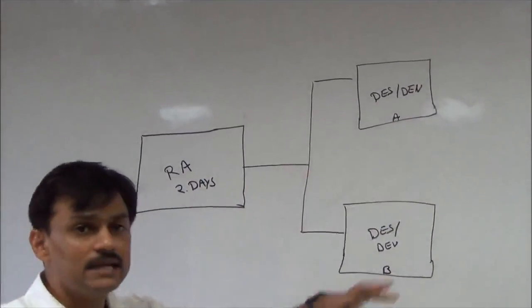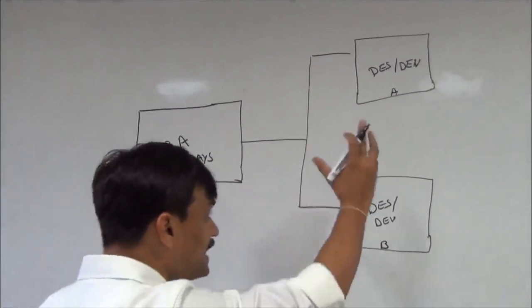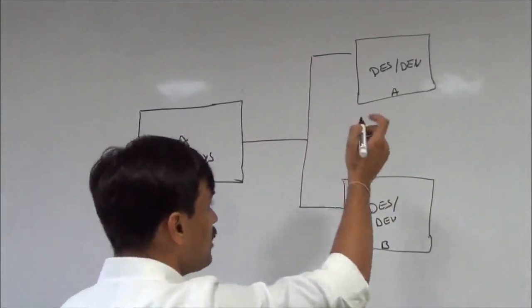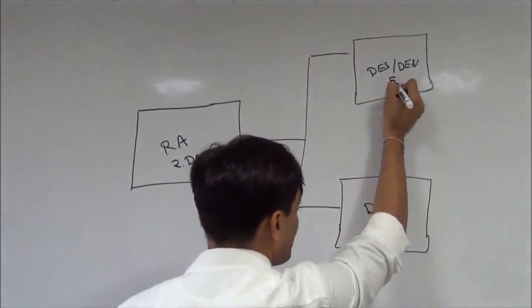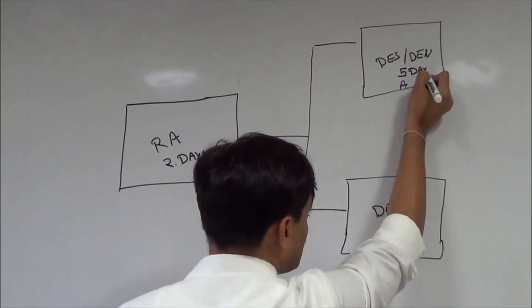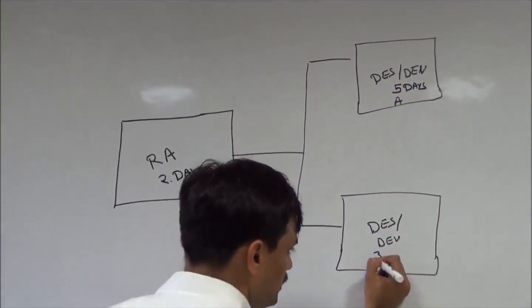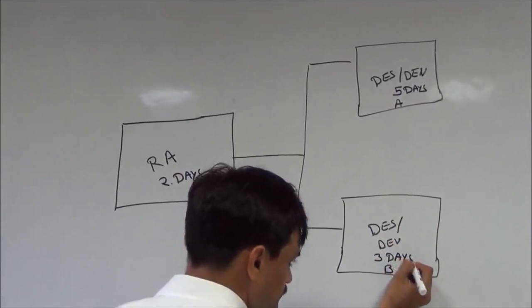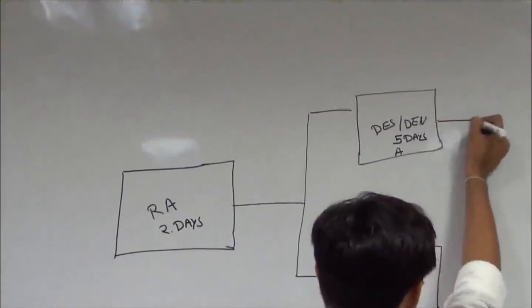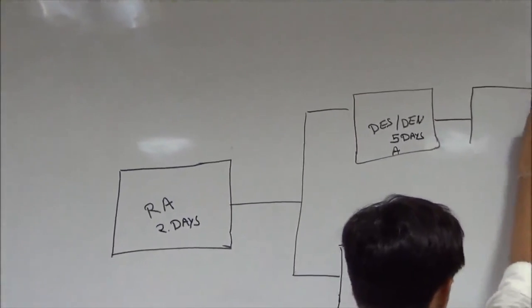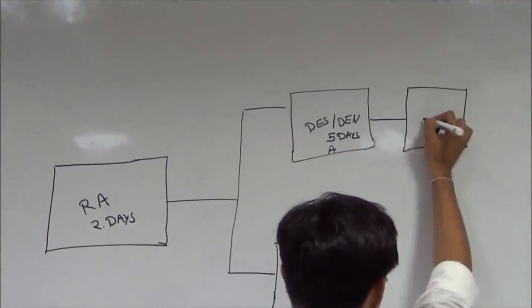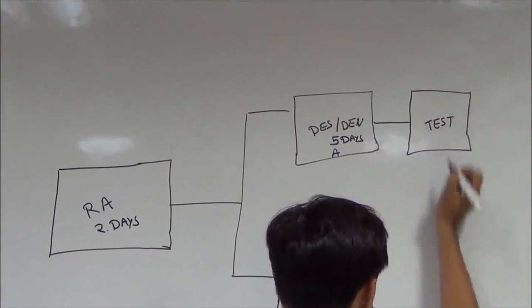Module A is relatively a complex module, so designing and developing module A will take 5 days, and module B is relatively simple, so it can be done in 3 days. Once you are done with the design and development, you perform module level or component level testing.